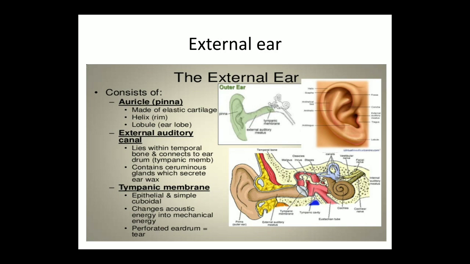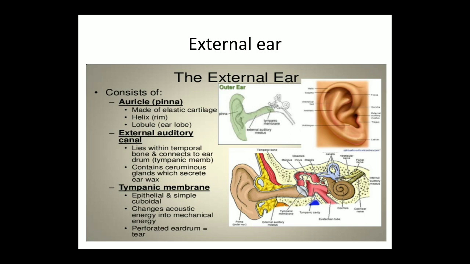Now let's study the shape. The narrowest part, isthmus, is situated 5 mm lateral to the eardrum and the canal is S-shaped. It is directed first inwards, then upwards and then forwards.